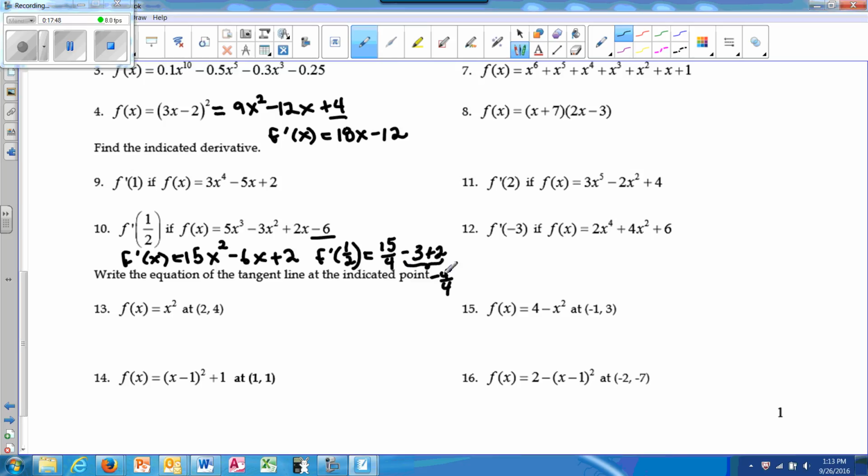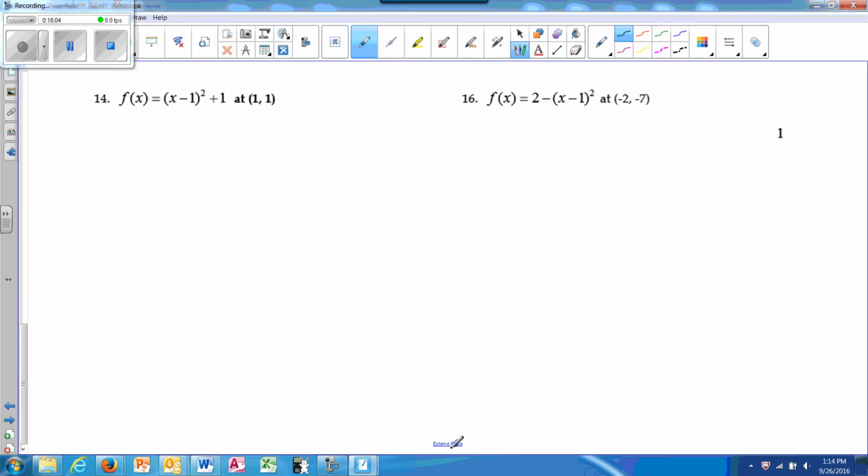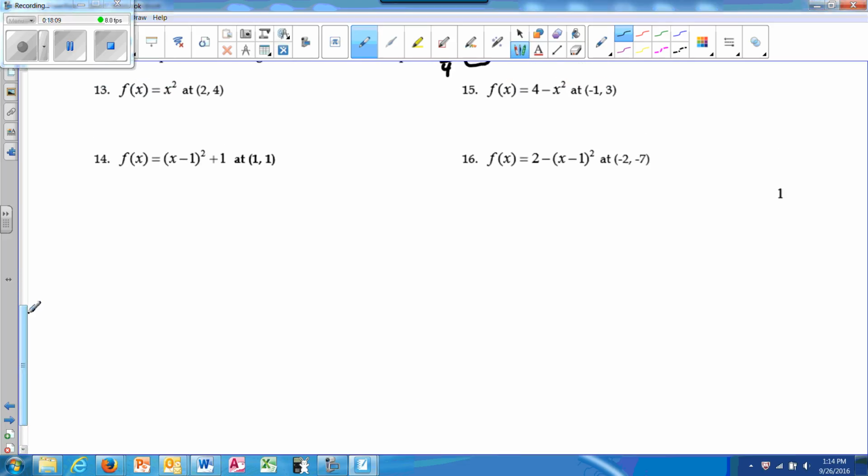So then f prime of a half, so watch your notation. 1/2 squared is 1/4, so this would be 15/4. 6 times 1/2 is 3, and then we have plus 2. So 15 over 4, and then this equates to be minus 1. So minus 1 is really minus 4/4. So 15 over 4 minus 4 over 4 is 11 over 4.